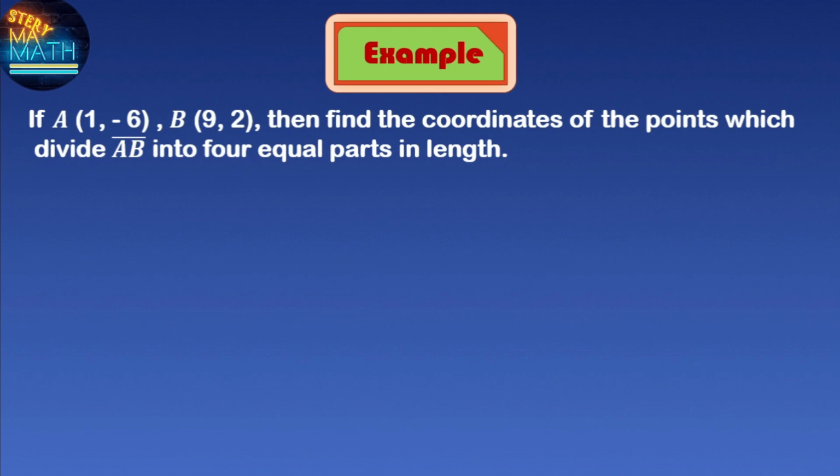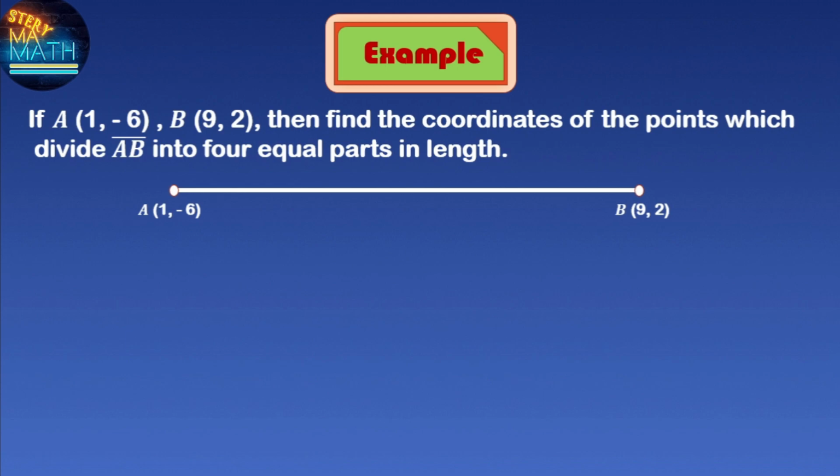Yes, we have the line segment, and A is 1, negative 6, and the other endpoint is B, 9, 2. And because we have 4 equal parts in length, that means AD, DC, CE, and EB are equal in length.